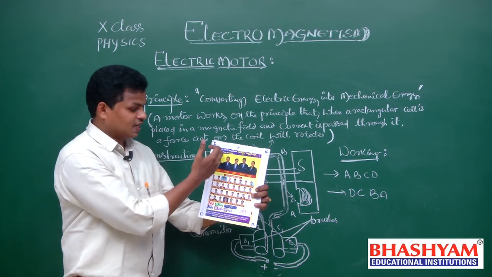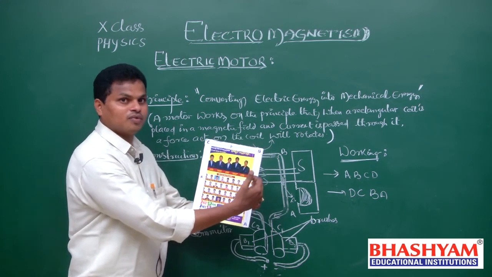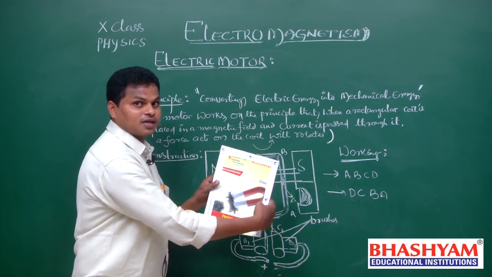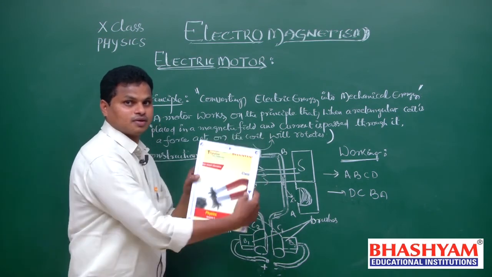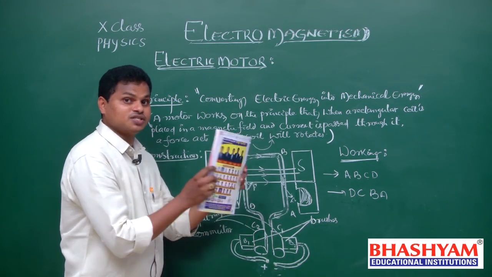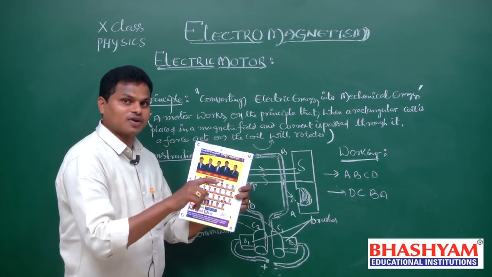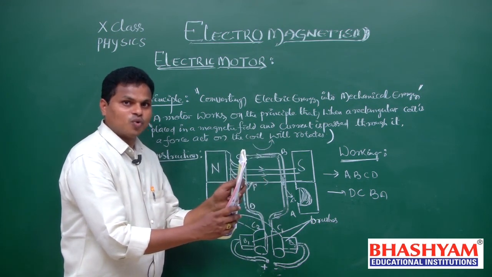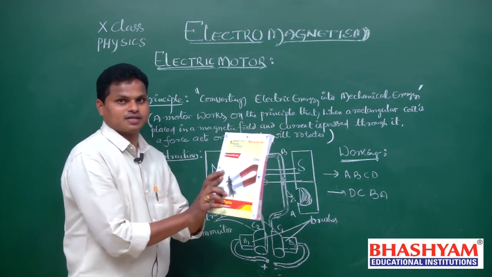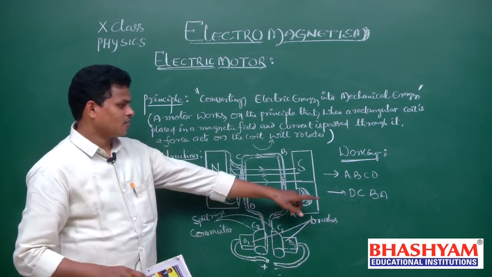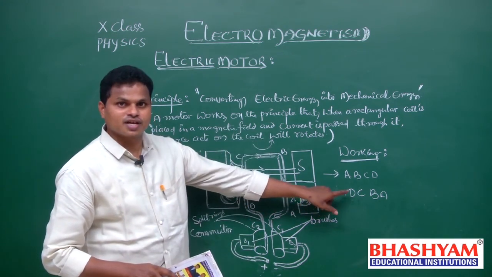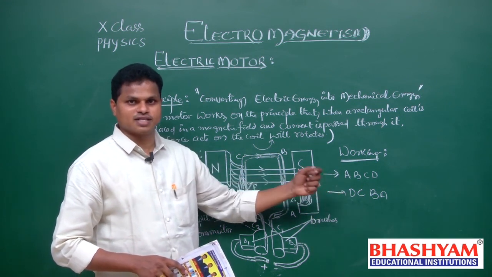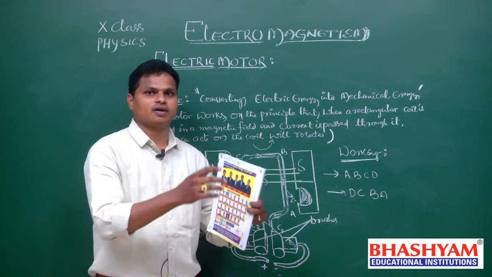The force in this arm is upward, in this arm downward, and so on for every half rotation. If the current is unchanged, the coil does not keep going in one direction. If the current is reversed for every half rotation, the coil continuously moves in one and the same direction, the anti-clockwise direction.